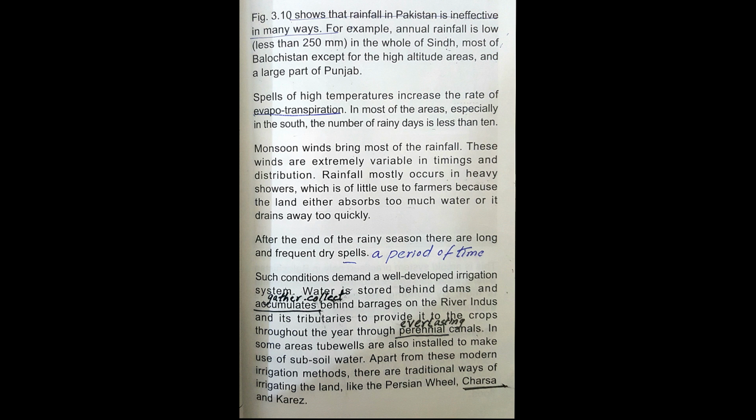Monsoon winds bring most of the rainfall. These winds are extremely variable in timings and distribution. Rainfall mostly occurs in heavy showers, which is of little use to farmers because the land either absorbs too much water or it drains away too quickly. So heavy showers are also sometimes unnecessary for the farmers.